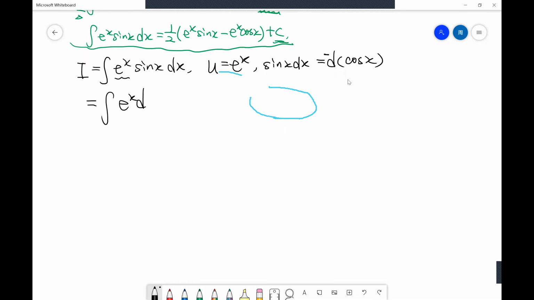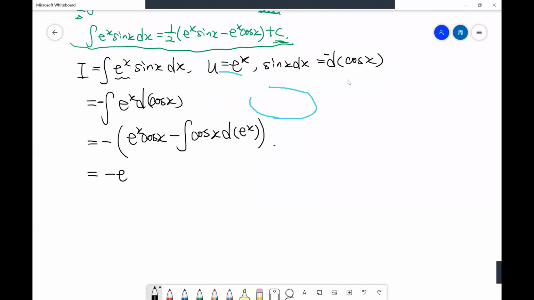So that equals e^x d cos x here and minus here, right? So that equals minus e^x times cos x. We use integration by parts, the formula, right? And minus, we change the places, the integral of cos x d(e^x), right? And that equals minus e^x cos x.